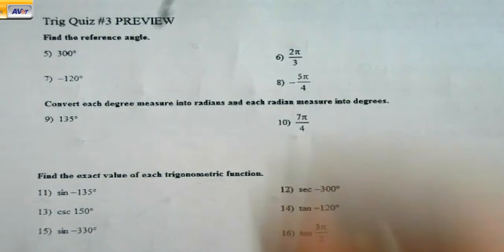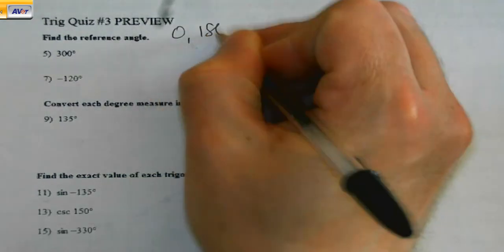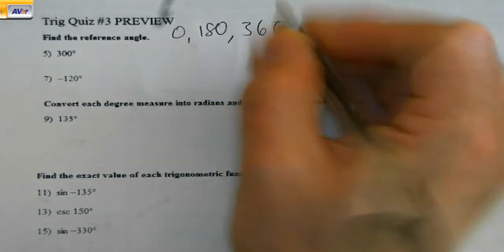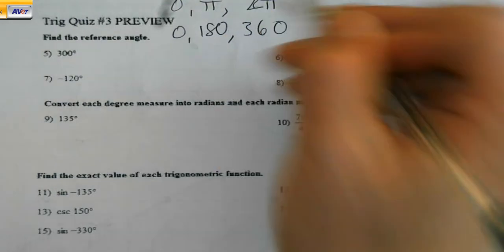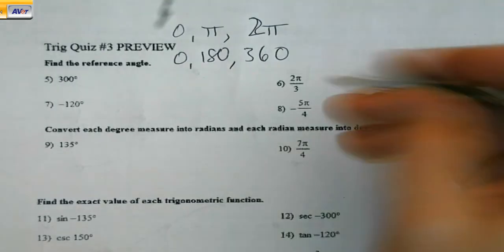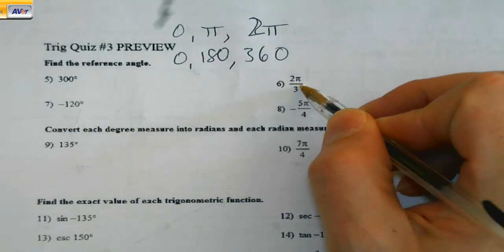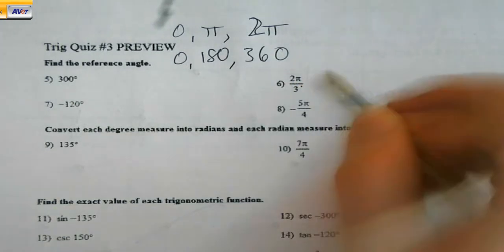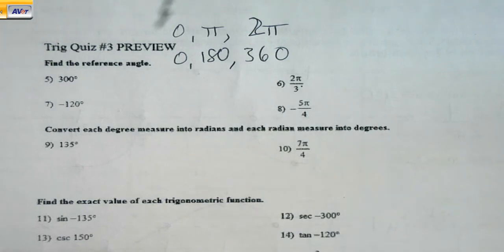Okay, find the reference angle. Remember, nearest x-axis. And the other part, and you guys get to finish and be forever on YouTube. When you're doing reference angles, if it starts in radians, it ends in radians. That's what we're talking about. See, they do listen.